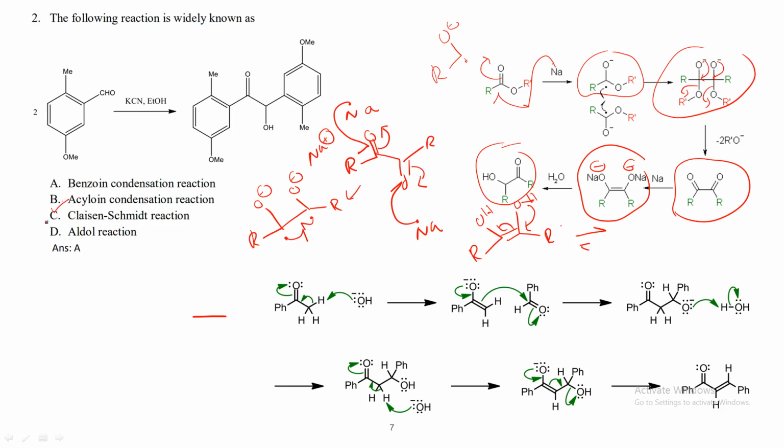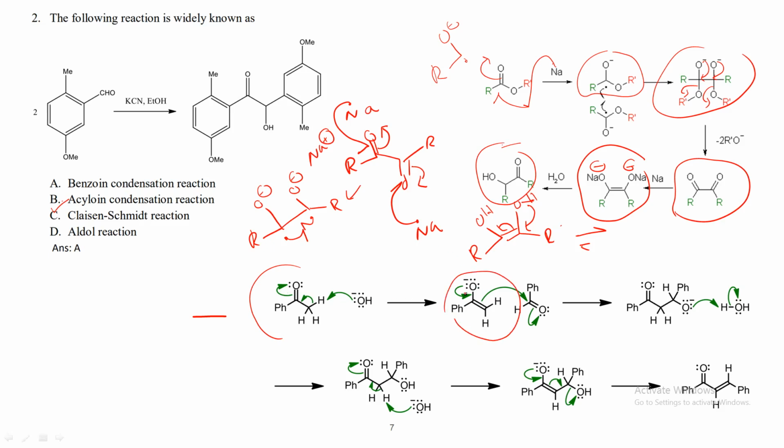And the next thing is the Claisen-Schmidt reaction. This is probably one of the oldest reactions, which you have read from school level also. Let's say this is the starting material, this type of keto molecule where alpha hydrogens are present, and in the presence of base, an enolate can be generated like this.